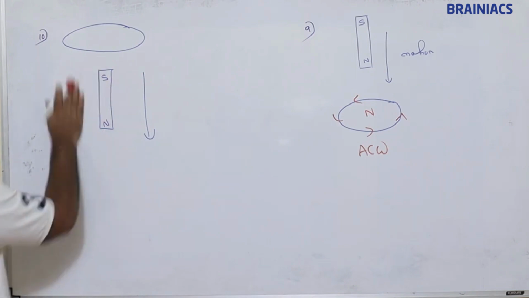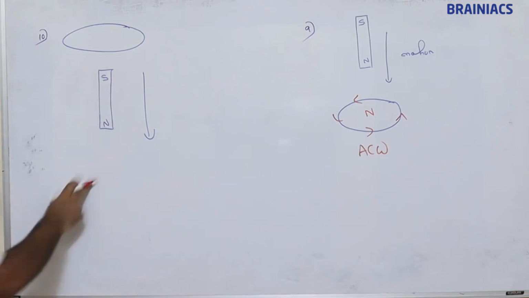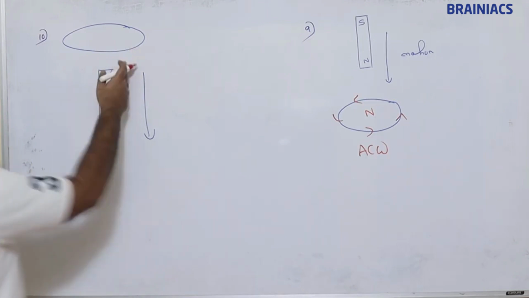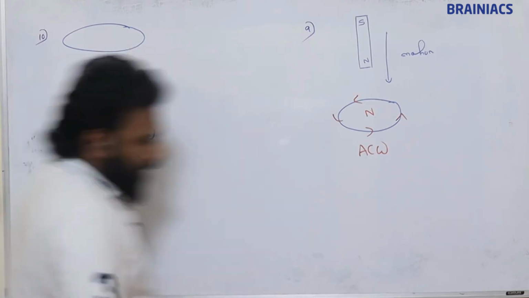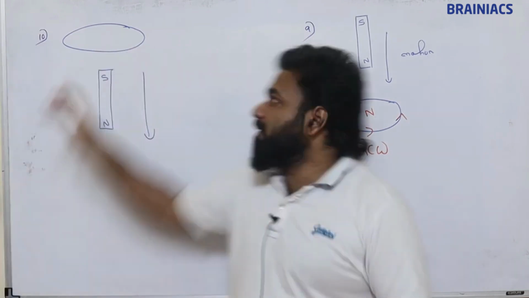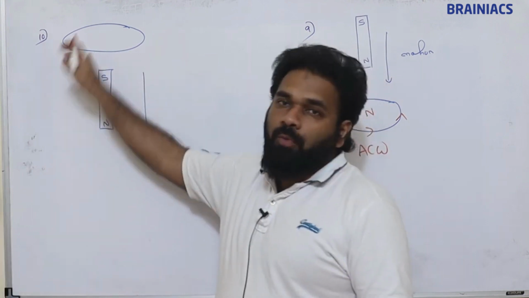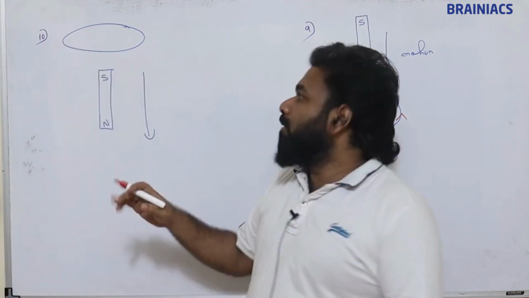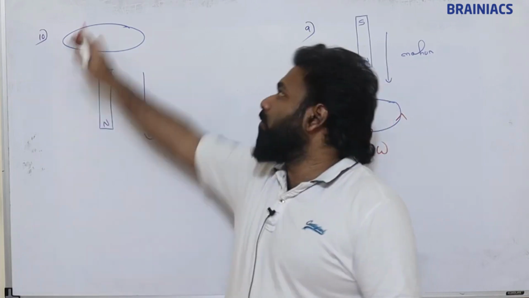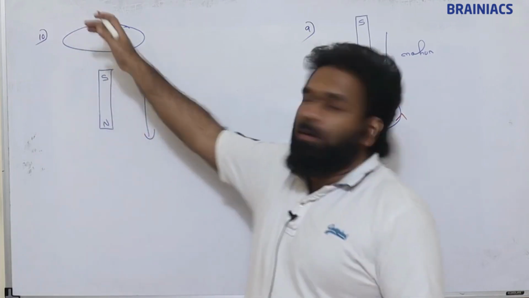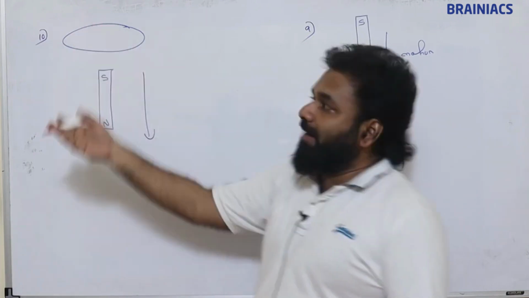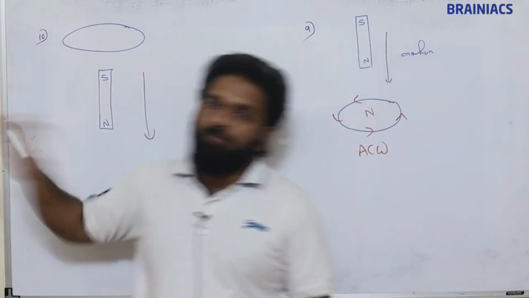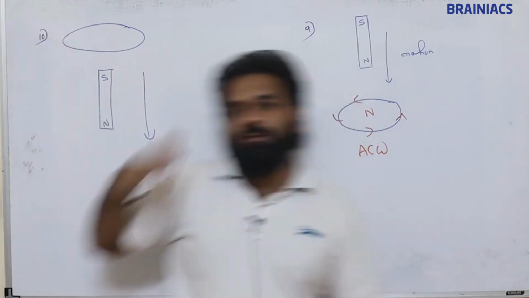So here a bar magnet is falling, the coil is here, and this is moving away. For this coil, the south pole is moving away from it, so now it wants it back. It wants to attract that south pole. If it is coming, repulsion. If it is moving away, attraction.